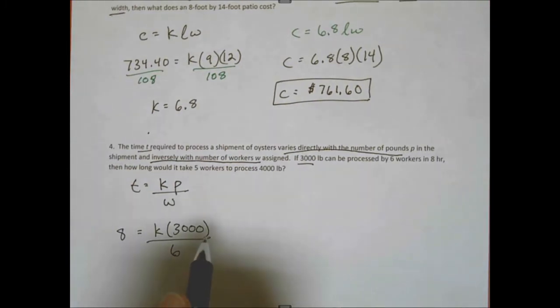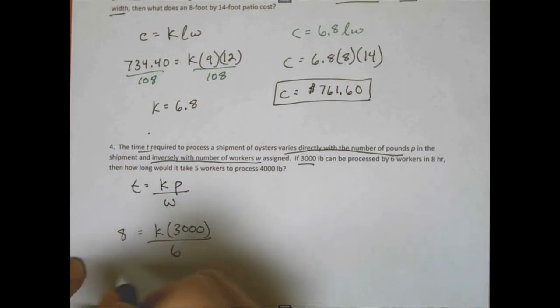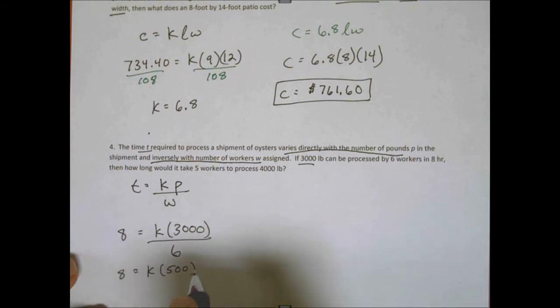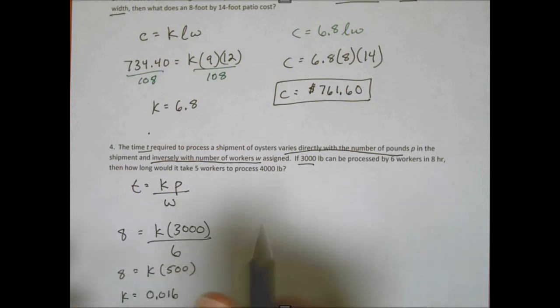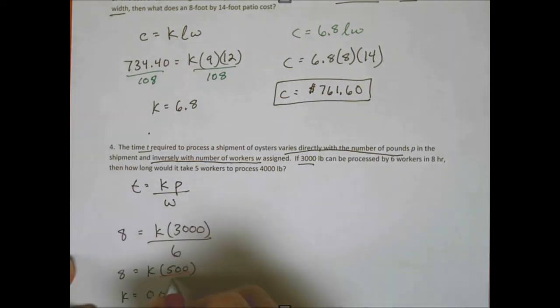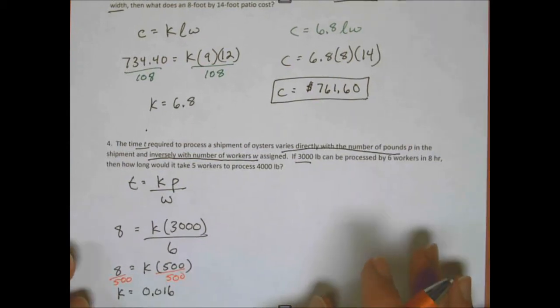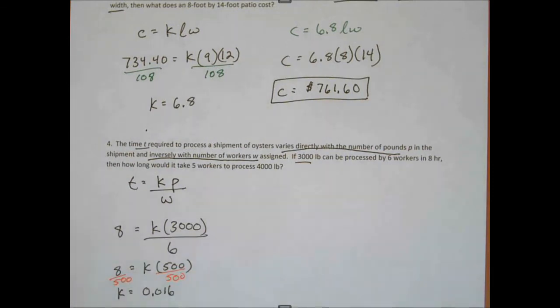You can do this a couple of different ways. You can reduce this or multiply by 6. Let's reduce. That goes in 500, and then divide by 500. We'll use the decimal 0.016 when you divide both sides by 500. Hopefully you're feeling some rhythm with these problems: you find an equation, you substitute some values, you find k, you write your new equation.